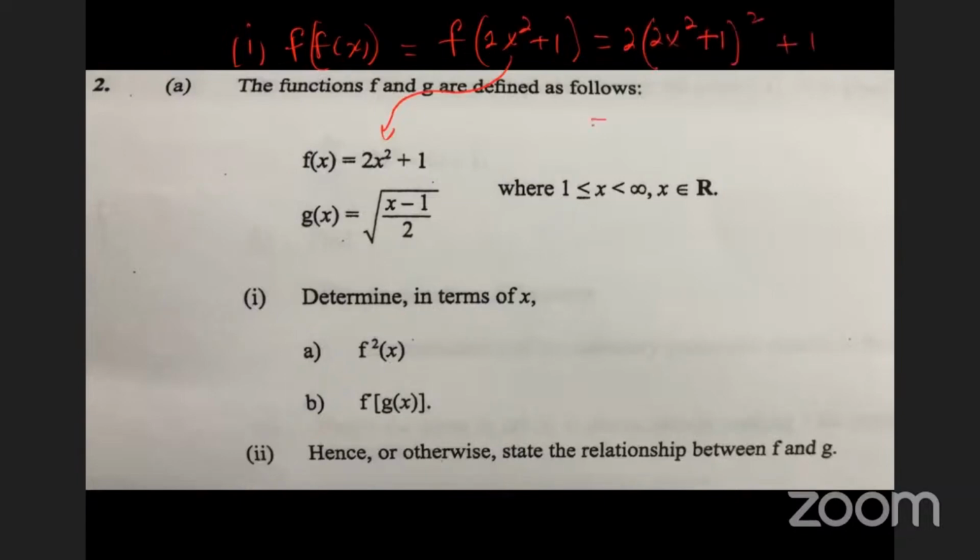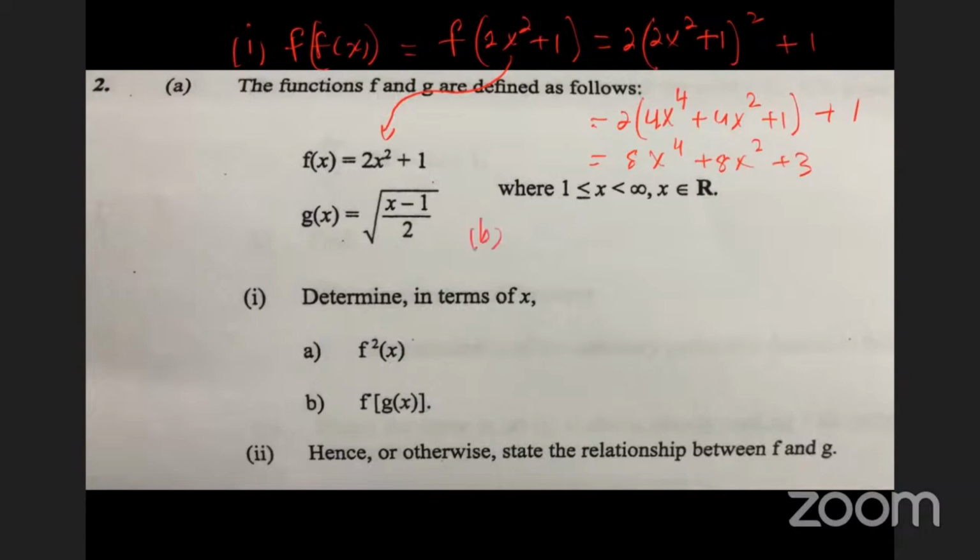When you square it out, you will get 4x to the 4th plus 4x squared plus 1, plus 1. So you'll get 8x to the 4th plus 8x squared plus 3. So that's it, f squared.